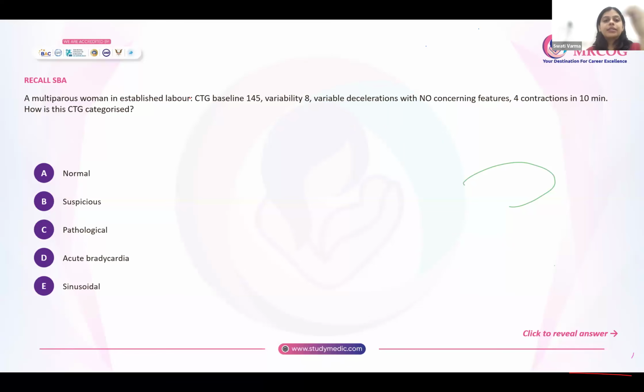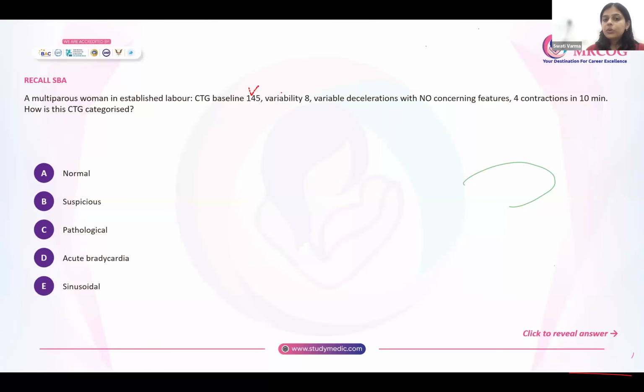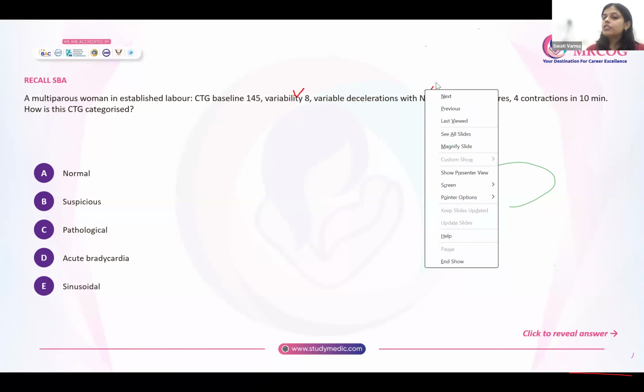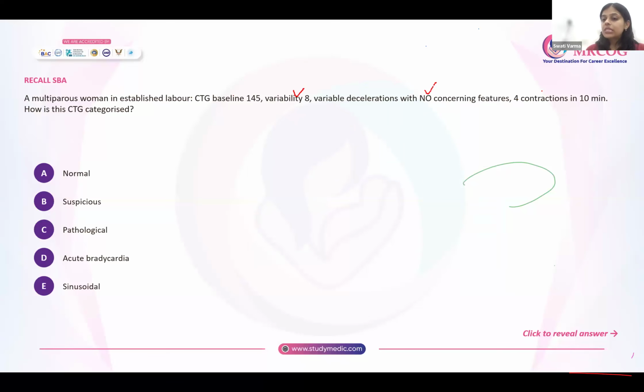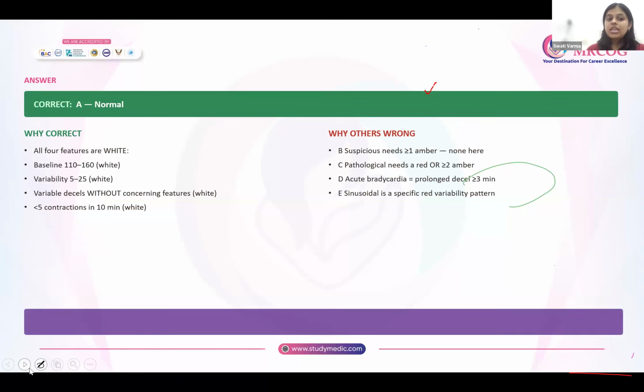Now, if we start categorizing one by one, CTG baseline seems to be all right, white. Variability again seems to be all right, white. Variable decelerations with no concerning features again seems to be right, white. And 4 contractions in 10 minutes, white. So it most probably is a normal CTG as all 4 features are white.